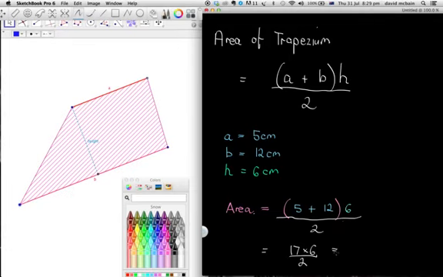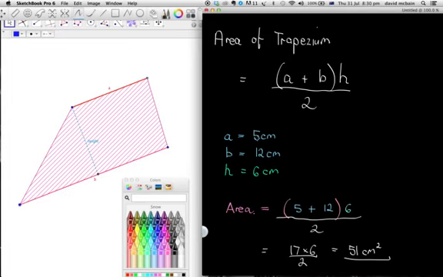So that will equal 51. Now our measurements were in centimetres, and because it's area, it's going to be 51 centimetres squared. So given these values, this shaded area is going to be 51 square centimetres.